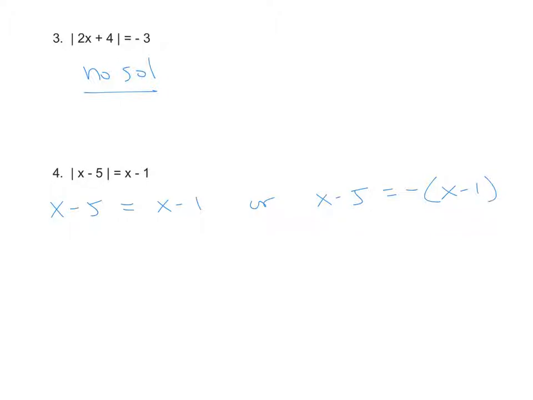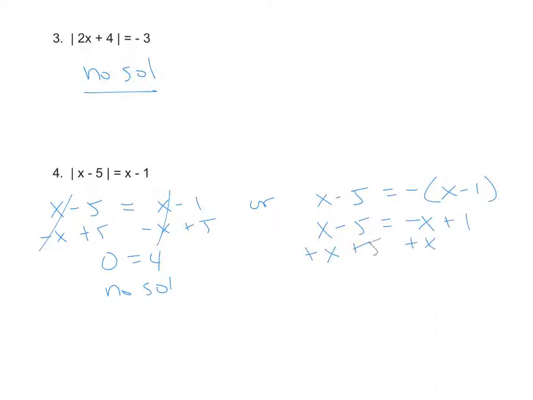So when I go through and try to solve this first equation, I'm going to try to get the x on one side and the constants on the other, but you'll notice my x's completely cancel out. I get 0 equals 4, and there's no solution on that part. But on this other one, I get x minus 5 equals negative x plus 1, and if I get my x's on one side and my constants on the other, I get 2x equals 6, so x equals 3.